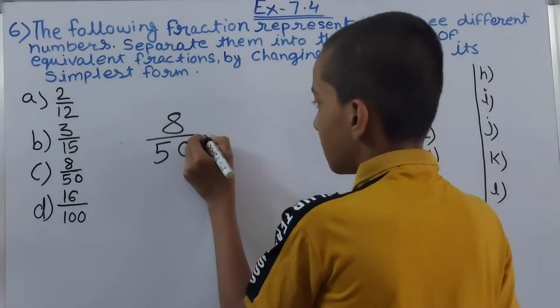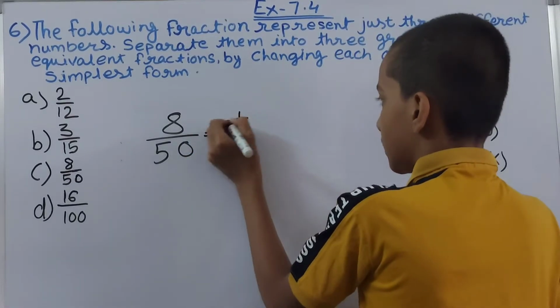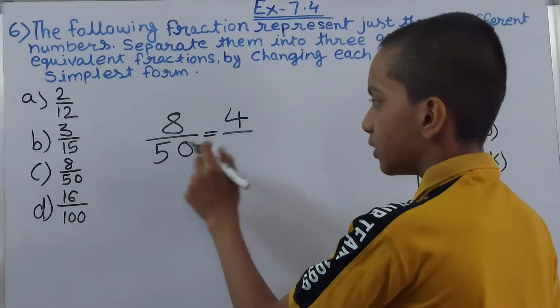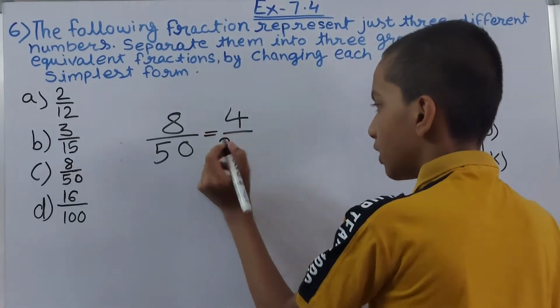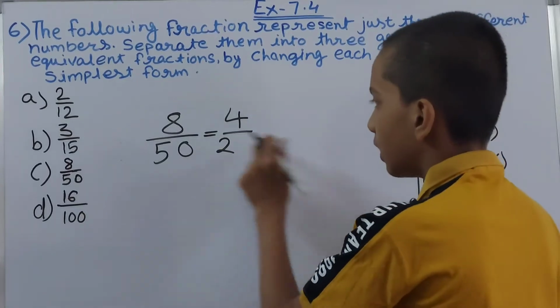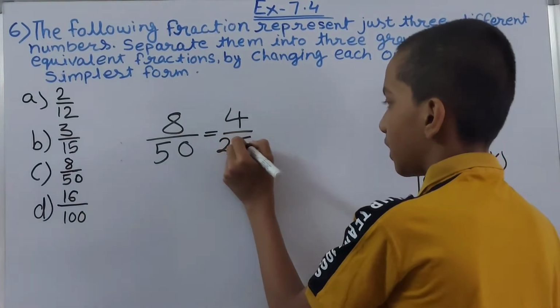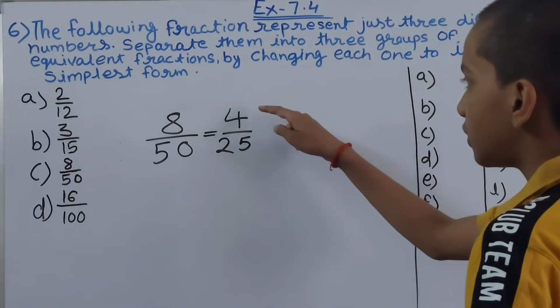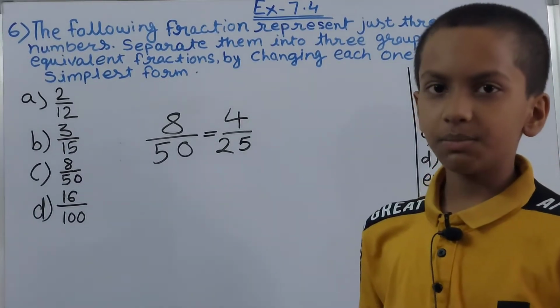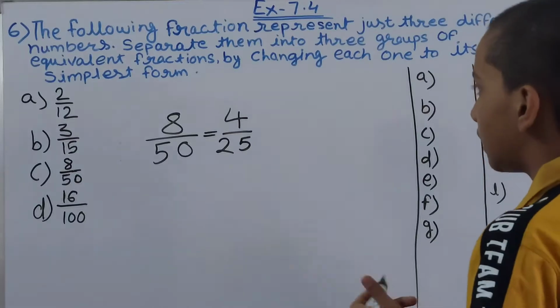So 8 goes how many times? 4 times by 2, and 50, 5 is here, so we will take 4 from this. 4 goes 2 times, 1 will be left, that will go to 0, and 0 will become 10, so 10 goes 5 times. Now this is 4 upon 25 and this is the simplest fraction.